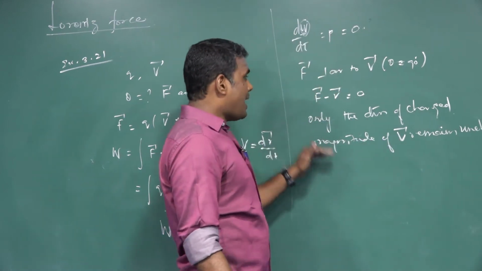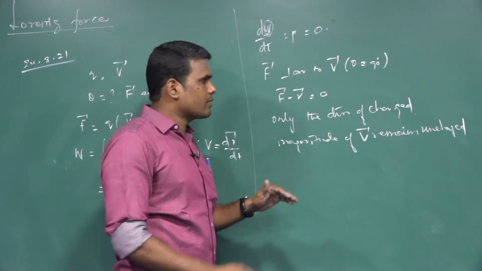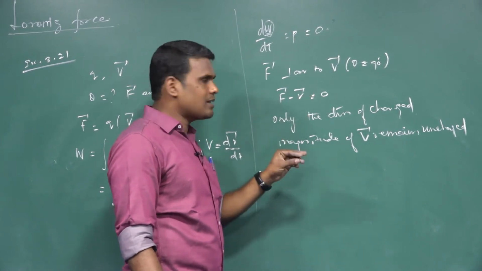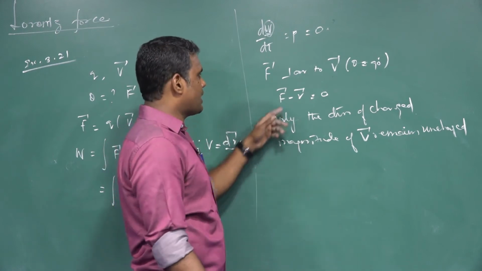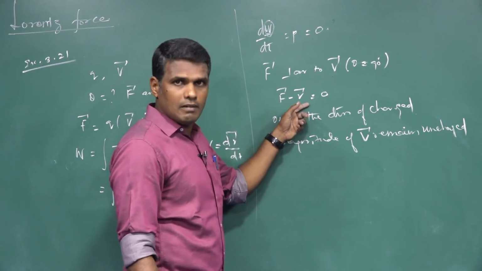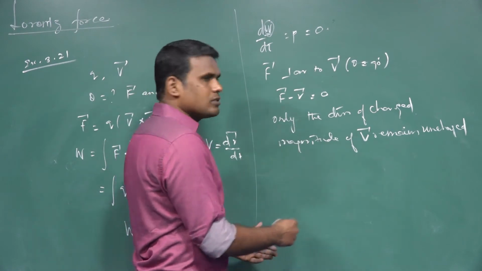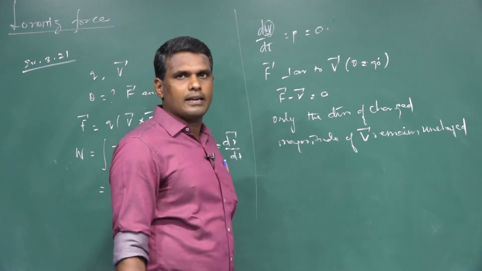Only the direction of motion alone changes, because force acts perpendicular to the velocity. Force is orthogonal to v vector. And also there is no change in the kinetic energy.